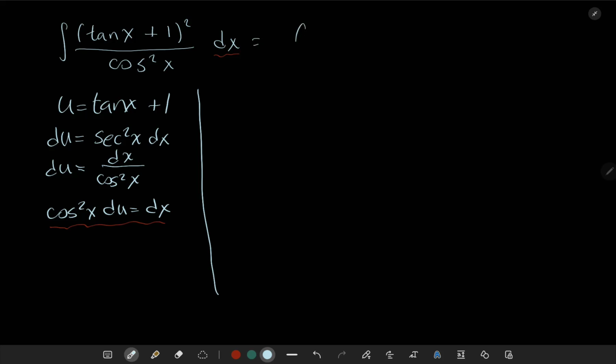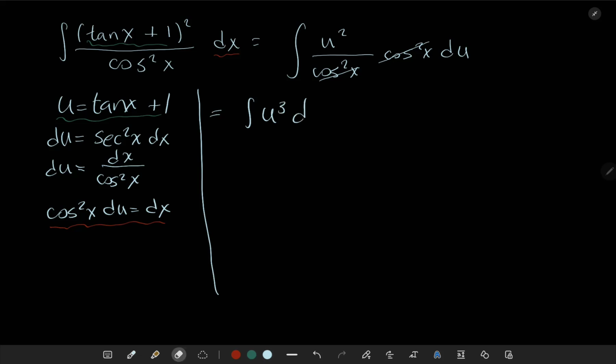And that is going to look like this. You're going to have your integral. Now tangent of x plus 1, that right here is what I'm putting for in this parenthesis. So that's going to be your u squared over cosine square of x. And in place of dx, I'm going to write cosine square of x du. And you see that it was very nice because then that cosine square of x cancels. And then that substitution works nicely because you get u squared du.